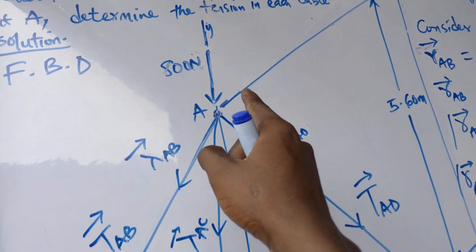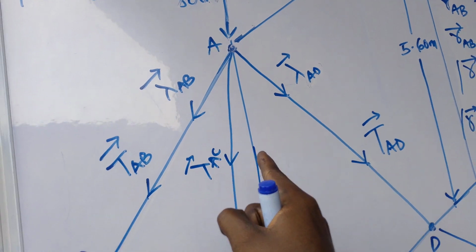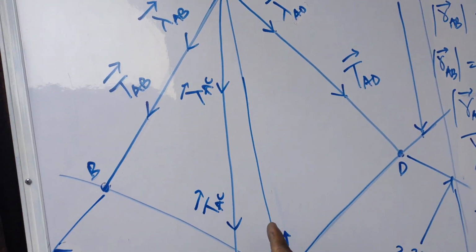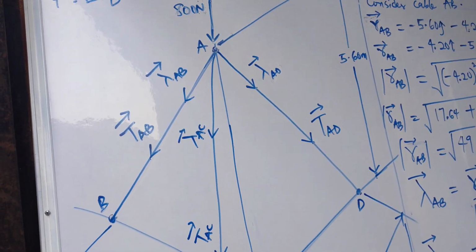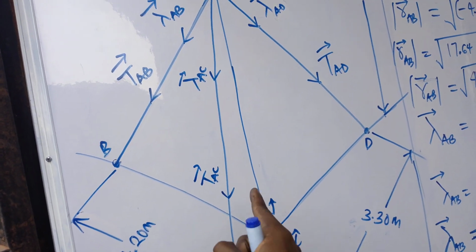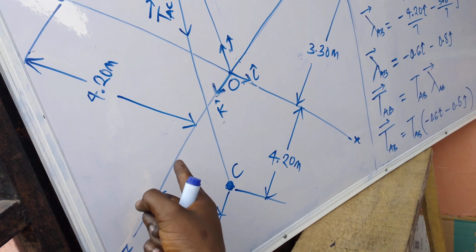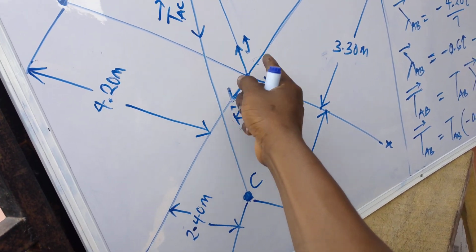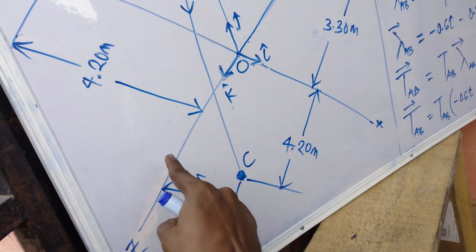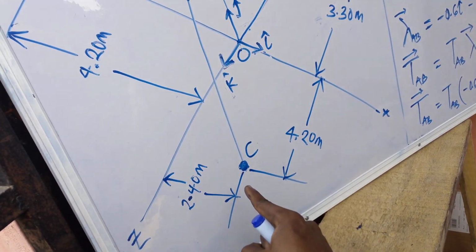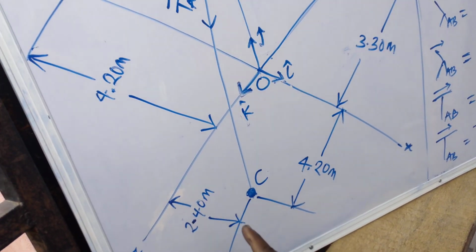So I explain again. I move down from here, coming downwards, that is minus 5.60 J. Then I move like this, plus 4.20 K. Then I move like this, plus 2.40 I. Take note.